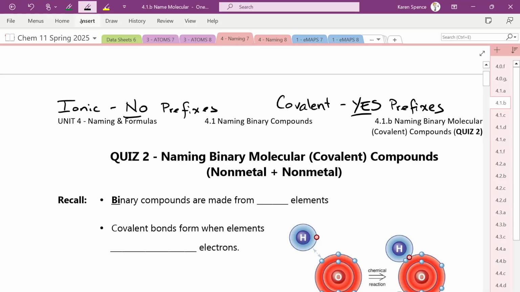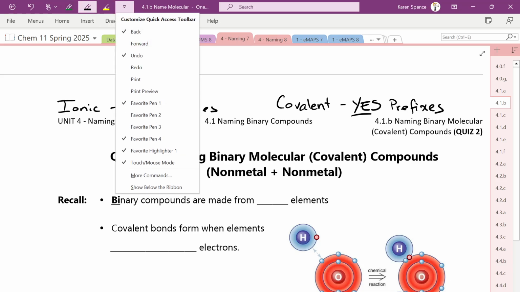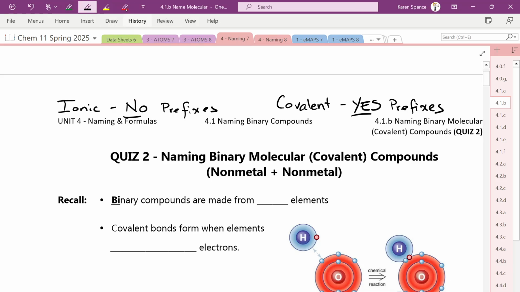Remind your partner, how can you tell if a compound is ionic? Metal or ammonium, which is NH4+.